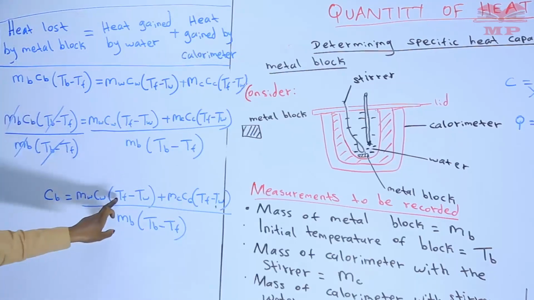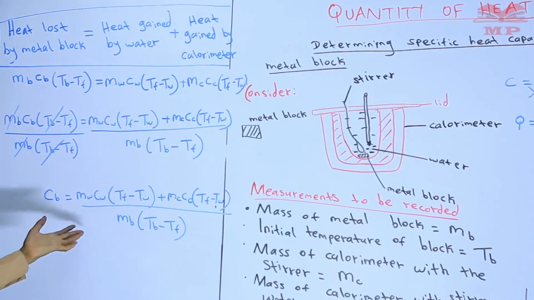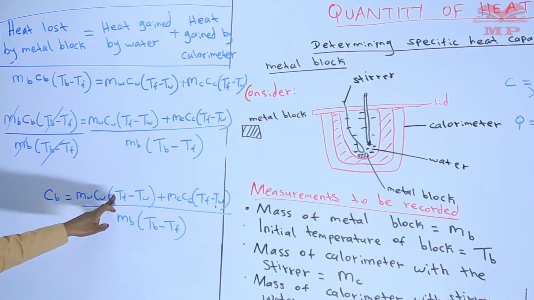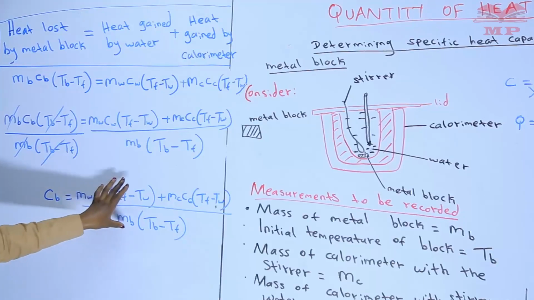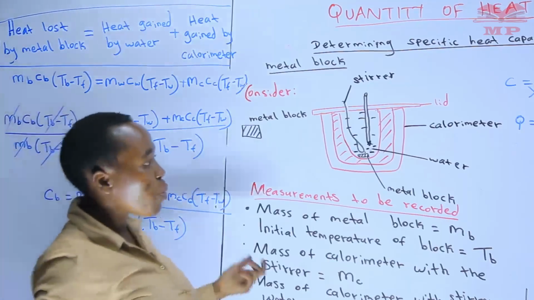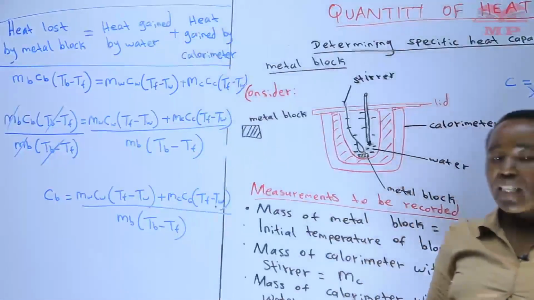And all these letters are representing numbers, because in the question we'll be given the mass of the block, the temperature of the block, and the final steady temperature. So we'll be able to substitute with values. So that's an experiment to explain how we can get the specific heat capacity of a substance.